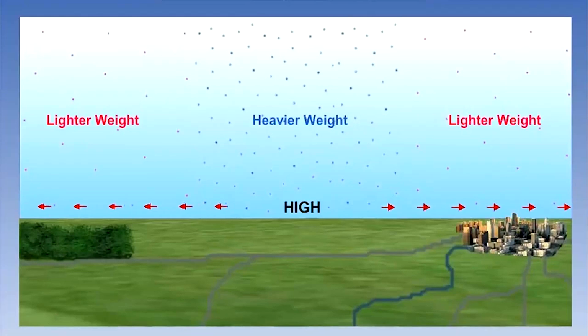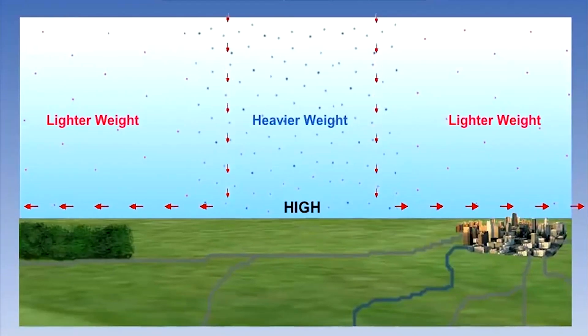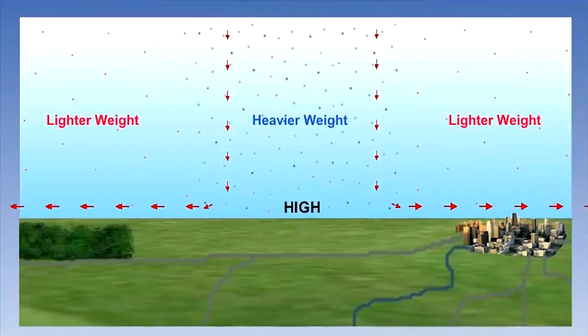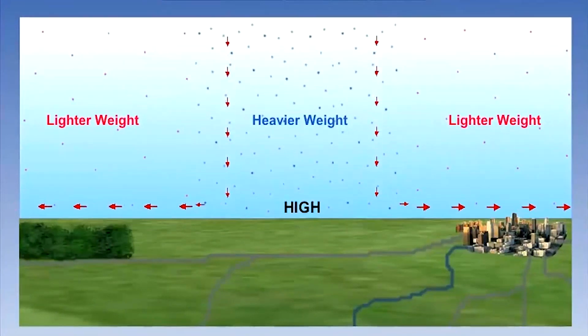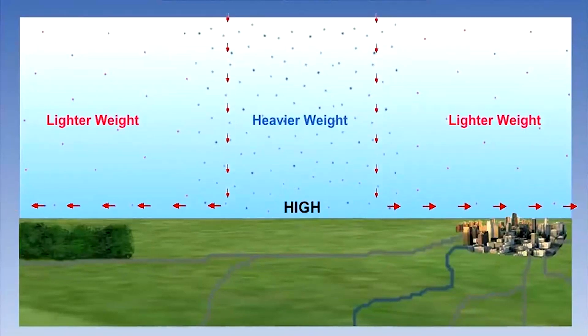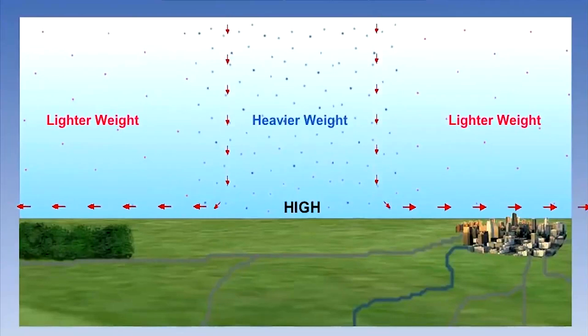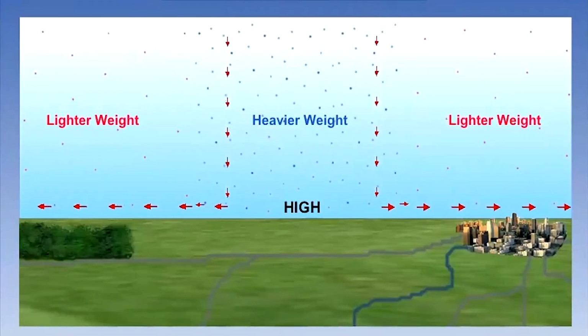As the surface pressure increases, air will move outwards and away from the high. This will cause a general descent of air towards the surface. This is sometimes referred to as subsidence or sinking air. We can now summarize that air within a high pressure descends and diverges.